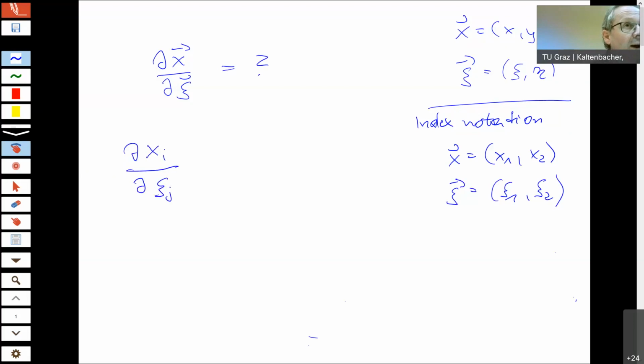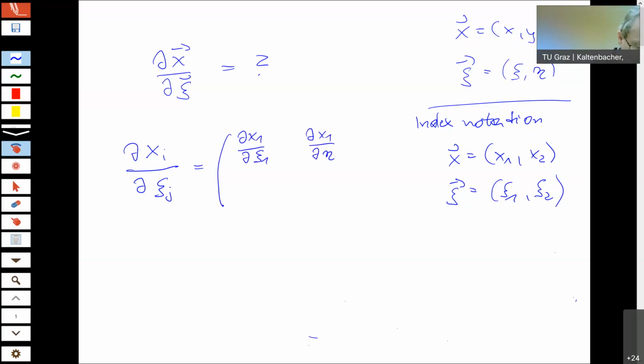Yeah, and now I guess it is clear. What you have to do is you have to fix i to 1. Then you get the first row of your matrix. Yeah? Then you have dx1 with respect to d psi1. And the second entry here, on the position 1, 2, would be dx1 d eta.